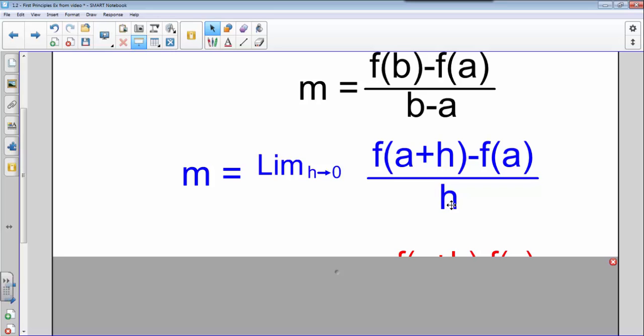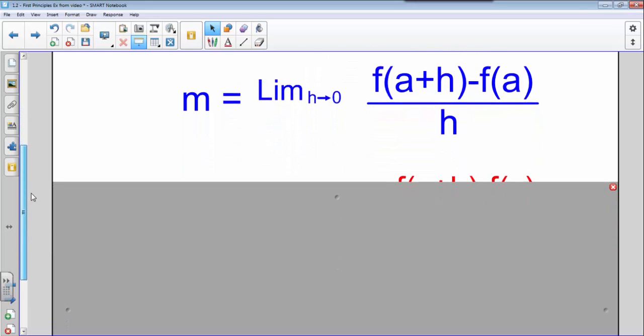We know that it can never actually get to 0, but as we saw on the demonstration in Desmos, as it gets close to 0 from either side, the same value is what we're approaching. It was 1.5 in the example. We'll be determining what it is depending on the question moving forward.